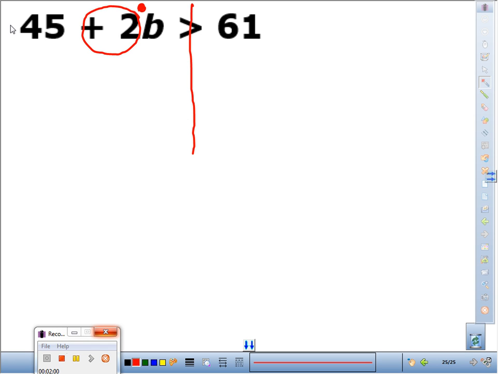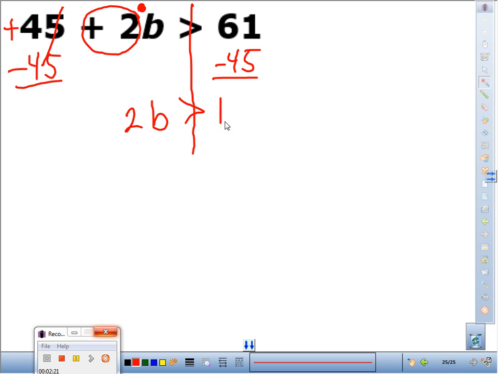And I have a positive number over here, which means it's an addition of 45. So where do I start? The addition, so I subtract 45 from each side. So we end up with 2b greater than 16. So far so good?